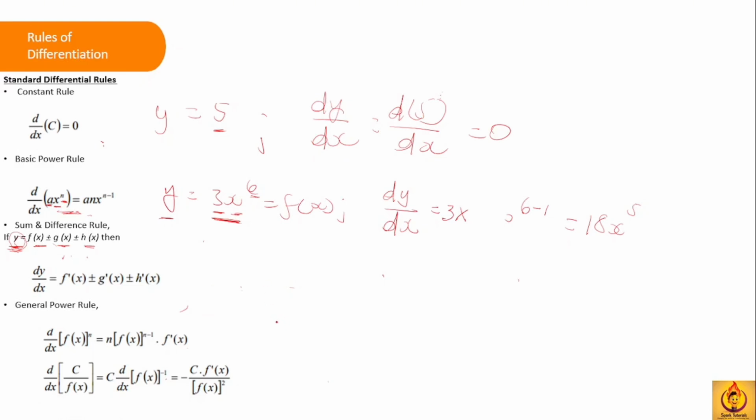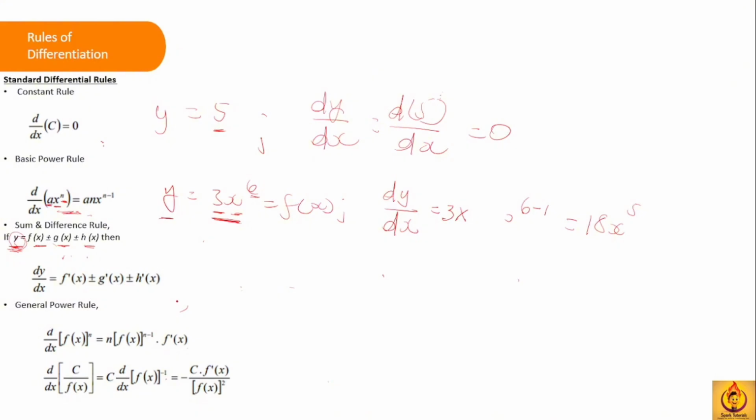So what the general power rule says is that if you have a function such that all of this function is powered to a certain value, it may be n, in this case our power is n. So this function f of x is powered to the power n, and you need to find its derivative.